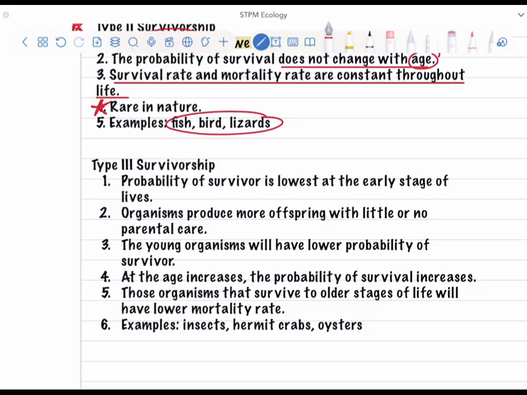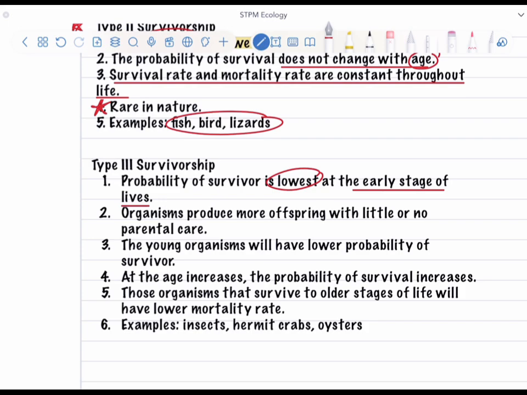Okay, the probability of survival is the lowest at the early stage of life. Compared to type 1 survivorship, where the probability of survival is the highest at the early stage of life, type 1 and type 3 are kind of opposite to each other.